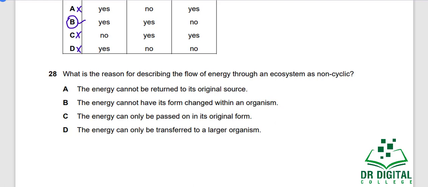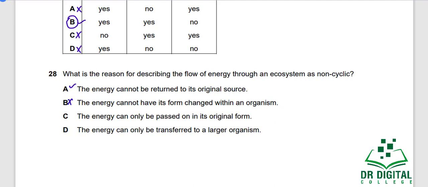So it cannot go back to its original source, that is the sun. So A could be the possible answer. B is the energy cannot have its form changed within an organism. You know that within our body it is being changed into kinetic energy, chemical energy, heat energy and so on. So B is wrong.